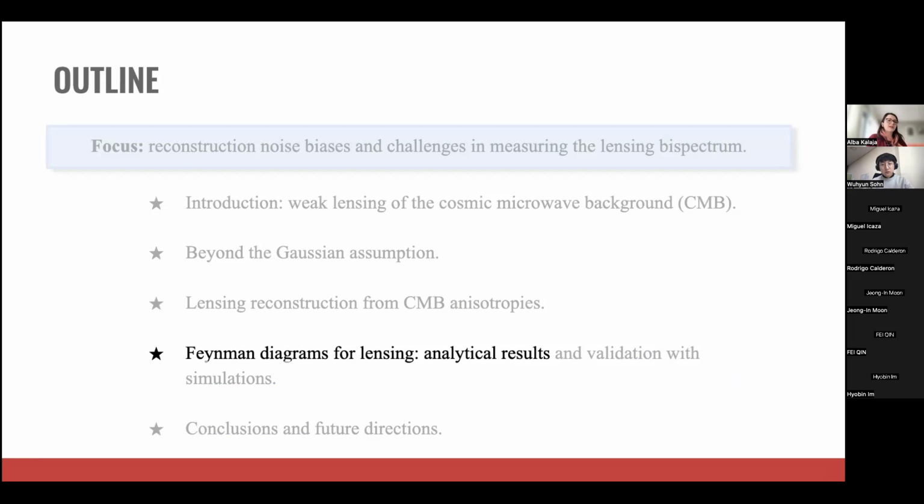But we also tried another way, which is a bit faster, which is using Feynman diagrams. You might wonder, why do we use Feynman diagrams? We're not in particle physics, but the idea behind it is the same. You have a certain function that describes your field, and you have your contractions, and we can use Feynman diagrams to get our results.